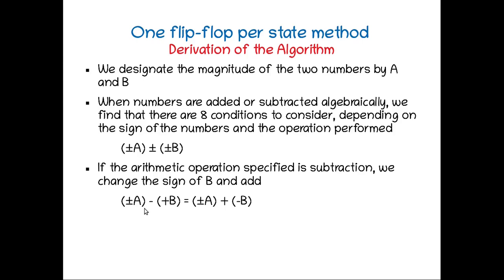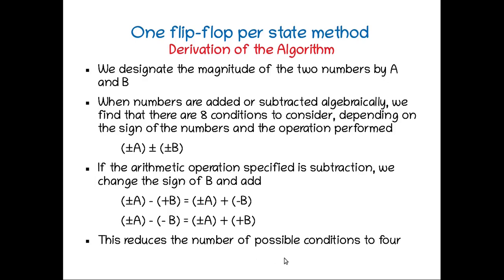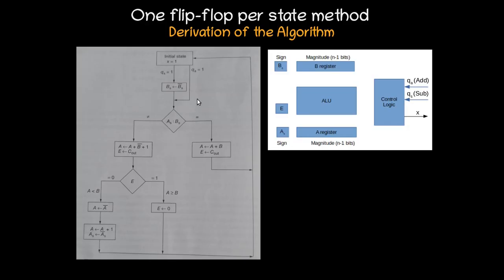Plus or minus A minus plus B, we can write as plus or minus A plus minus B. Similarly, plus or minus A minus B can be written as plus or minus A plus B. So we have reduced these two operations into an addition operation. This reduces the number of possible conditions to 4 from 8: plus or minus A plus or minus B. Okay, we can derive a flowchart from this.